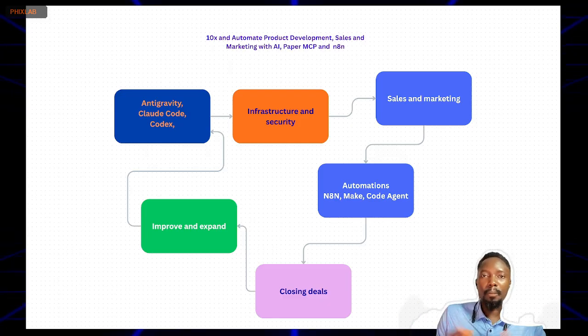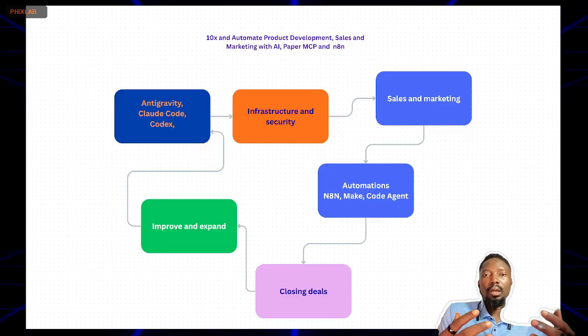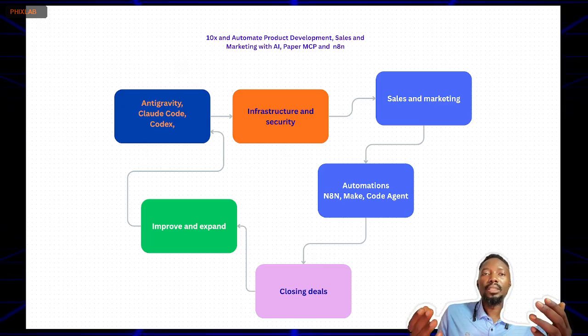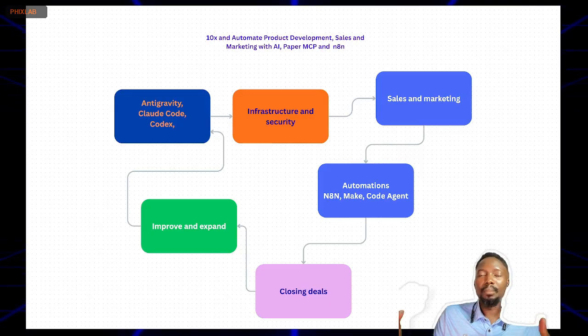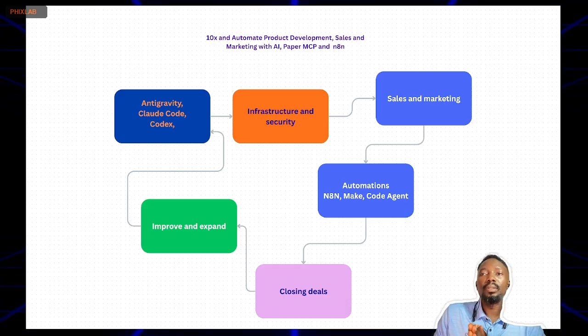Maybe you want to host something on a bare metal platform like a VPS, and you can purchase one from Hostinger or DigitalOcean or any of those providers, and you need to set up your security so that you avoid attacks, especially if your product starts getting traction and you don't want to be a victim of all of this. This is where infrastructure and security comes in. But I'm going to skip that and go to sales.